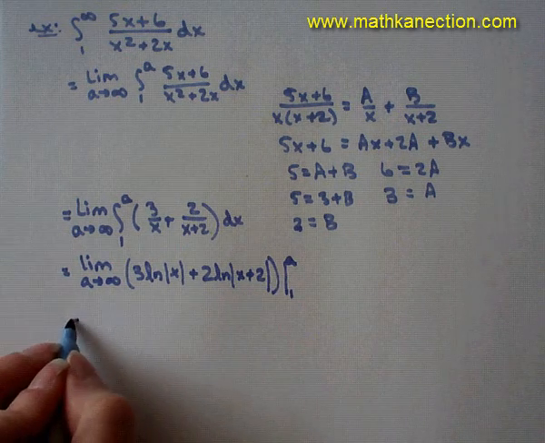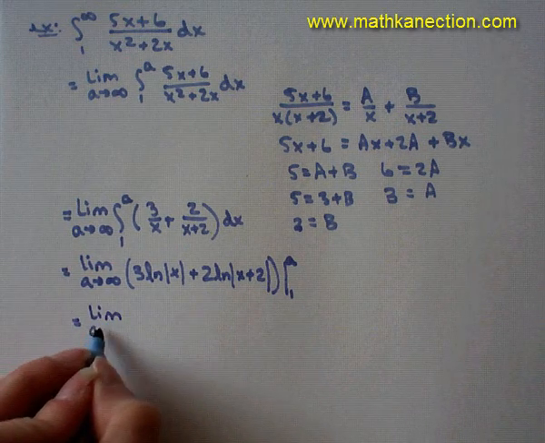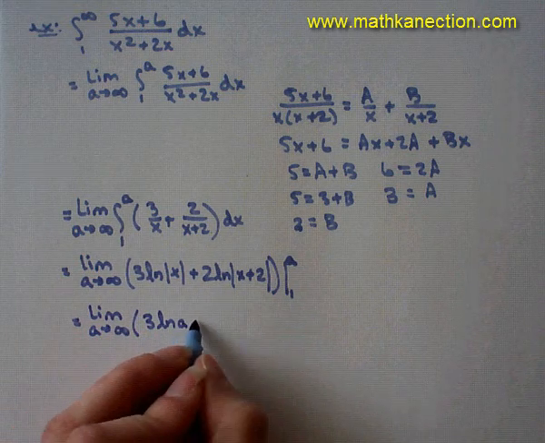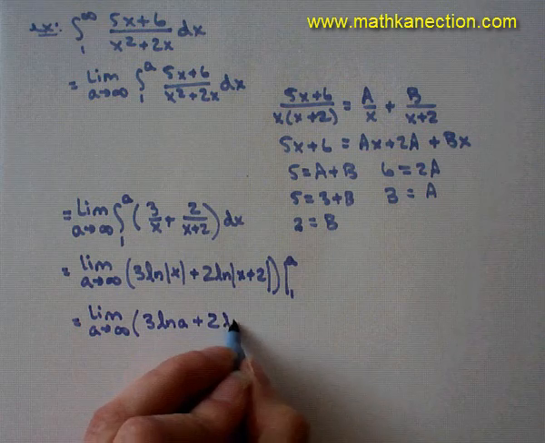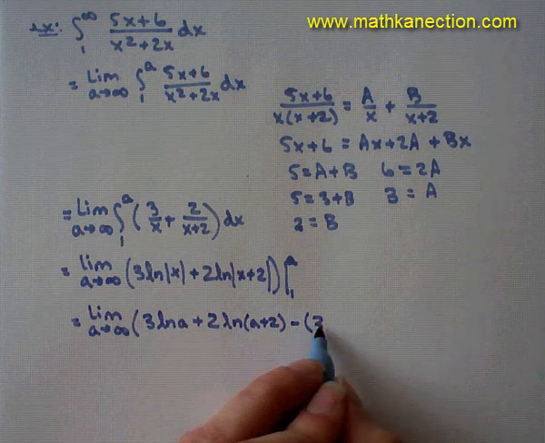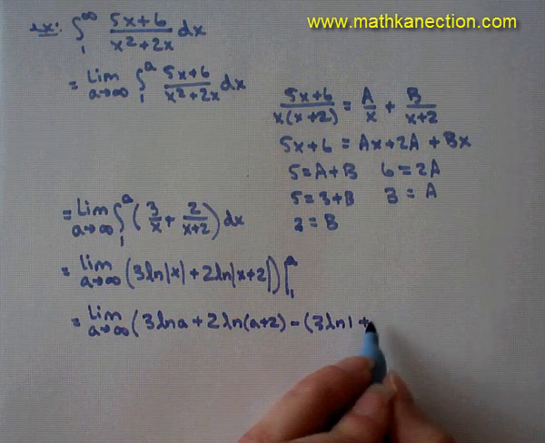Then following the fundamental theorem of calculus, replacing in the value of a and replacing in 1, we have the limit as a approaches infinity of 3 natural log of a, plus 2 natural log of a plus 2, minus the quantity 3 natural log of 1 plus 2 natural log of 3.